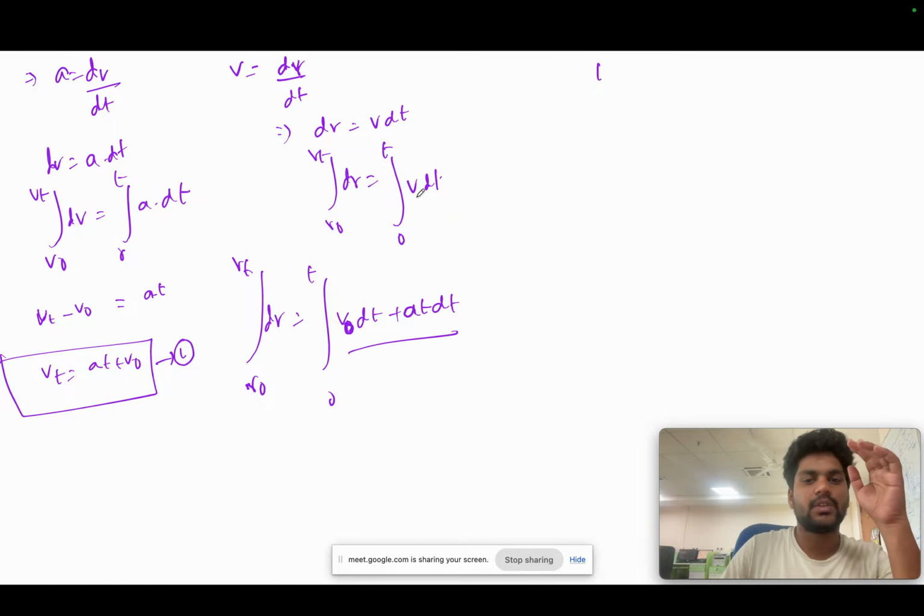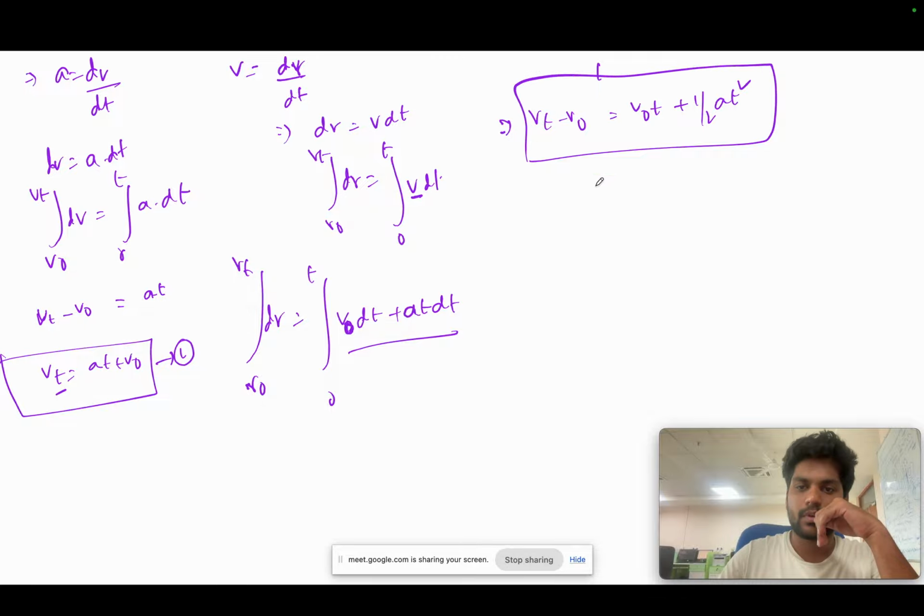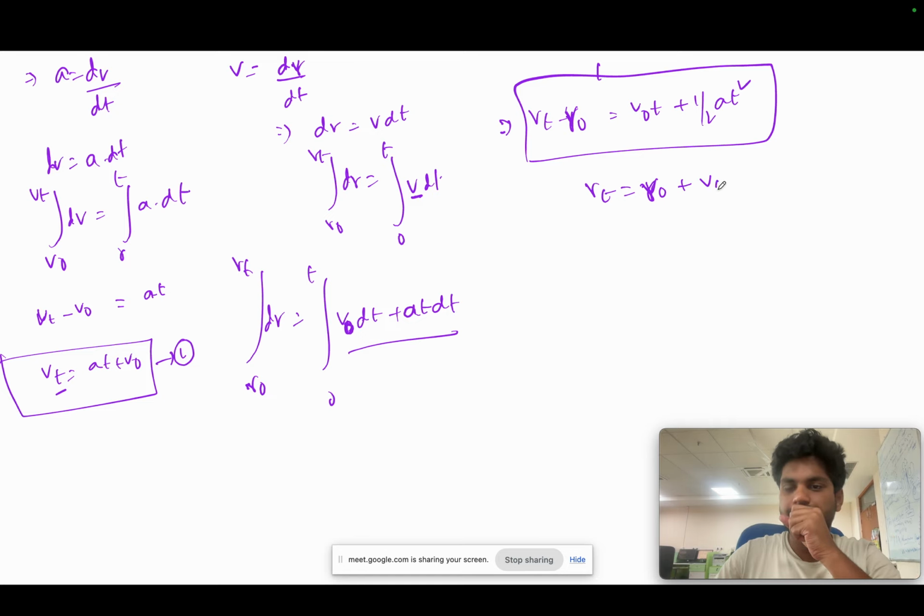You can see this v is the same, and that's why we get it. If I express this equation, I get v0 t plus half at square. So now rt equals r0 plus v0 t plus half at square. This is r, right? Not confused.